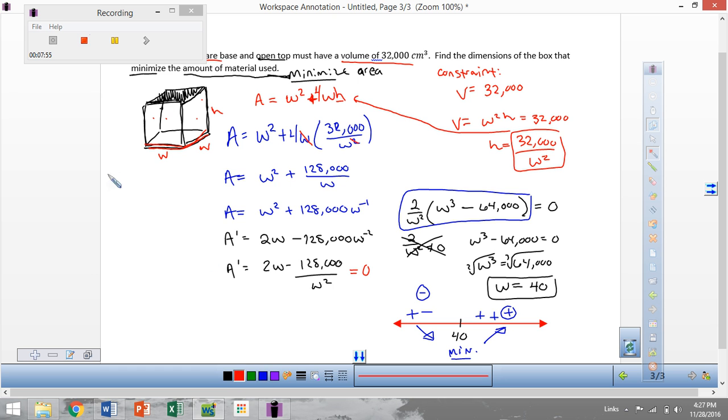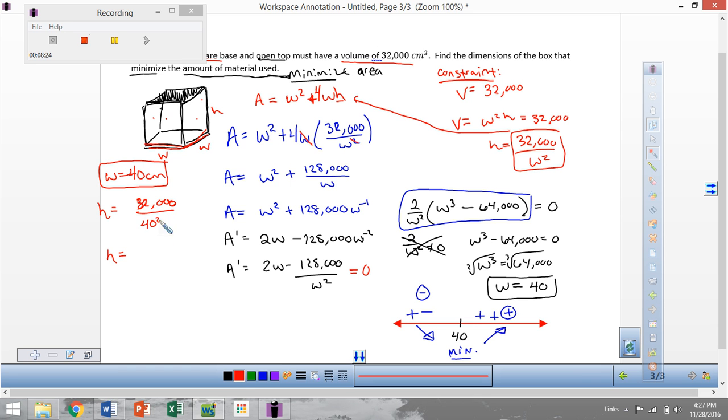And so I come back over here and I say, all right, I know that W needs to be 40 centimeters, since this is centimeters. W needs to be 40 centimeters, so what does H need to be? What's the height of the box? I just know that this is 40 by 40 on bottom. And the height, I go back to when I solved my constraint formula, the height was 32,000 divided by 40 squared.